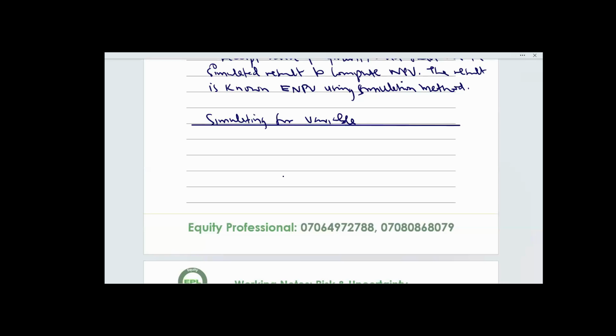So the first item, the first column will be the variable you want to simulate for. The next column will be probability. Next one will then be cumulative probability in percentage.